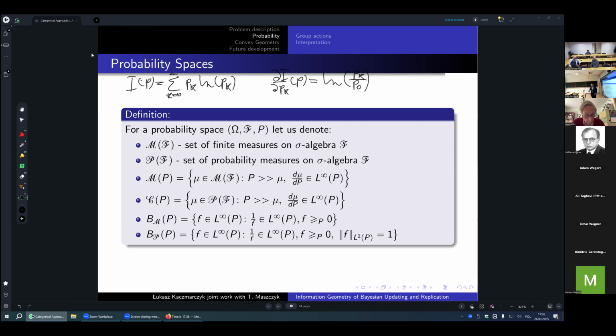And this is your Legendre dual coordinate. So the Bayesian action would be simply the translation in terms of these coordinates.